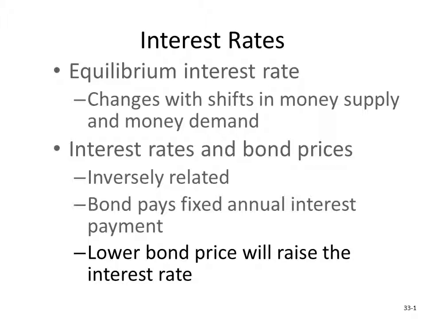Well, assume the next year that interest rates went up to 4%. Now, obviously, if you wanted to sell your bond, no one's going to buy your bond from you for $1,000, because they could easily buy a new bond that yields 4%. So therefore, when the interest rate went up, the value of the price of your bond went down.